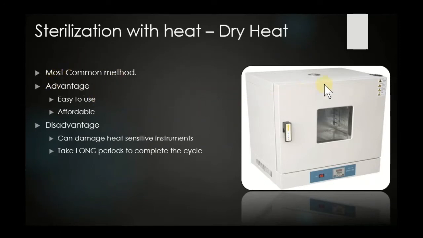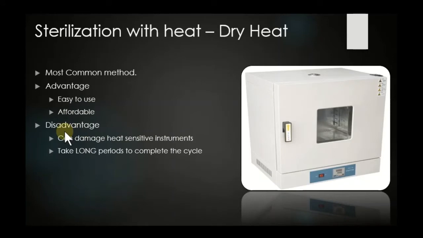Sterilization by dry heat can be done by using an oven that is specifically designed for the sterilization of instruments. This is the most common method because the device we use for the sterilization process, which is the oven, is the cheapest one among the others. It has the advantage of being easy to use and affordable, as we said, because the device is cheap.